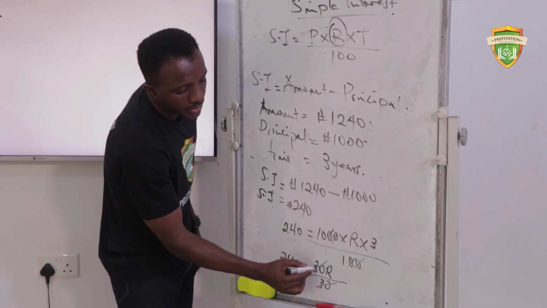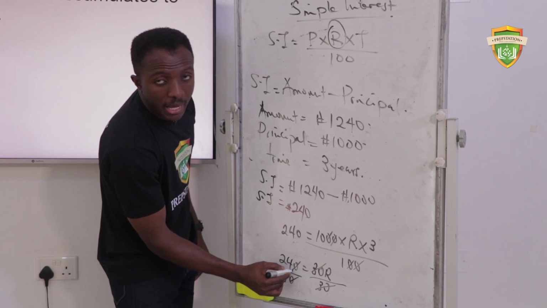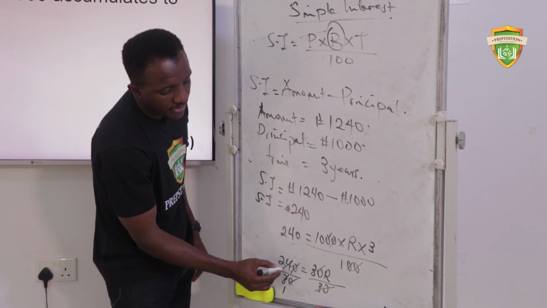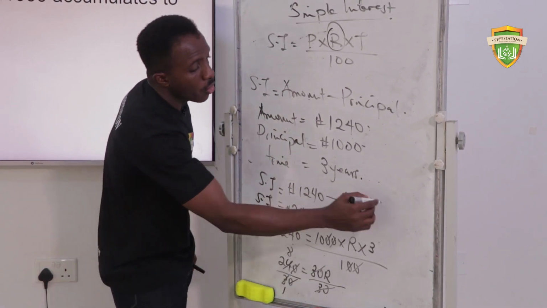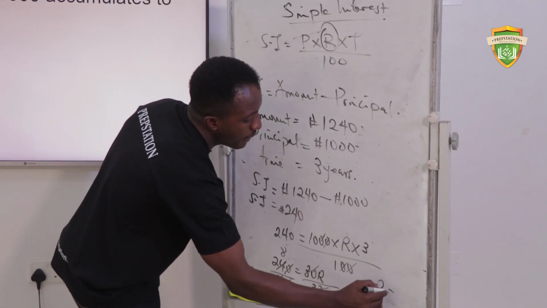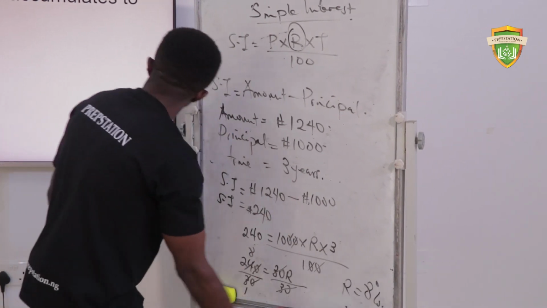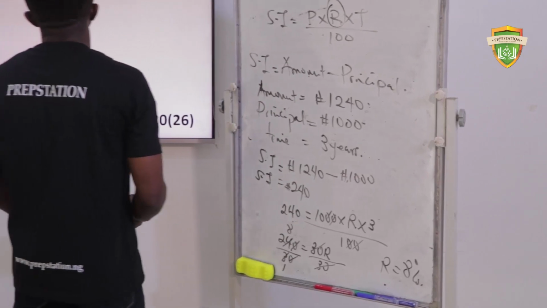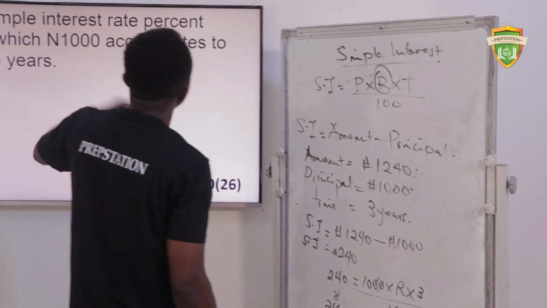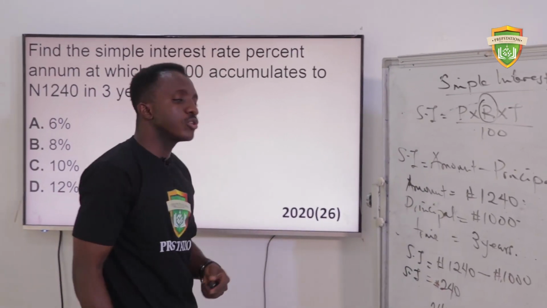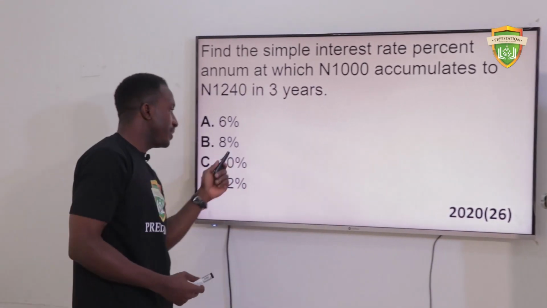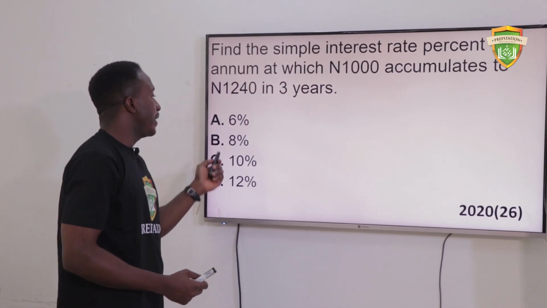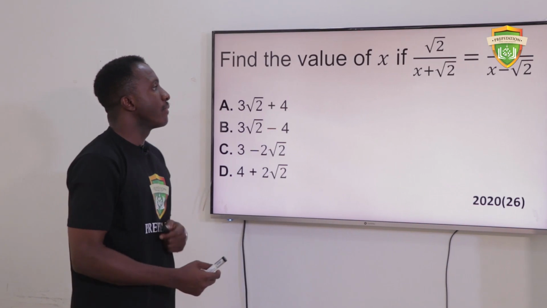So 30 will cancel out. 0 will cancel out. 3 in 24 is 8. So our R now becomes 8%. That is the rate for which 1,000 would accumulate to 1,240 in 3 years. So the right answer is option B.